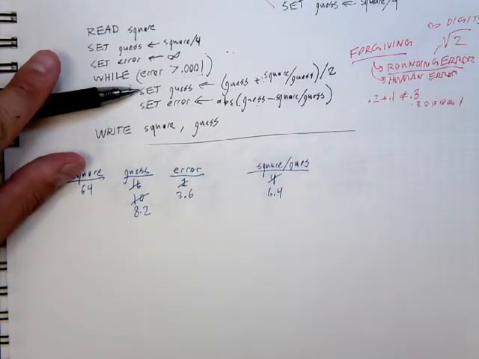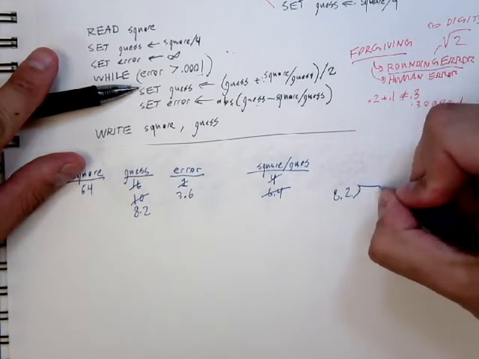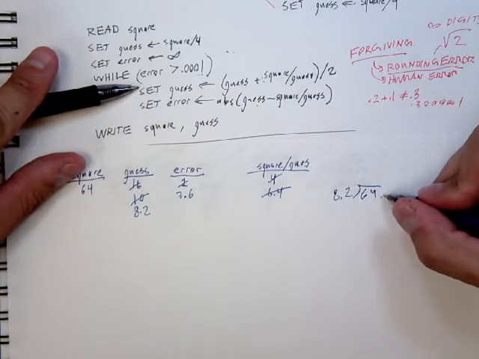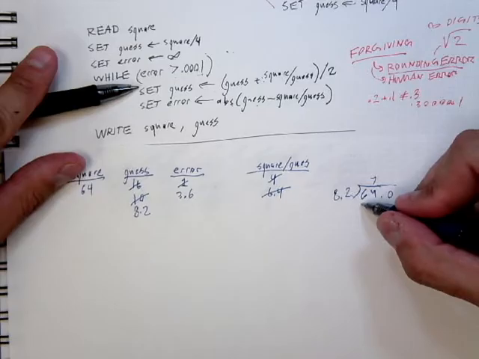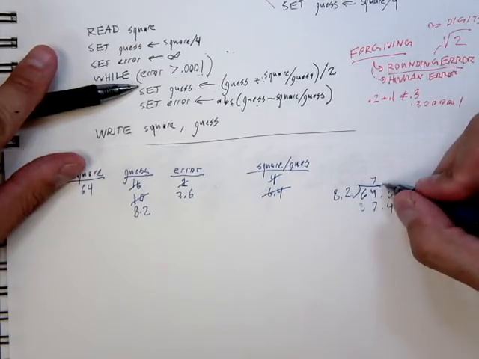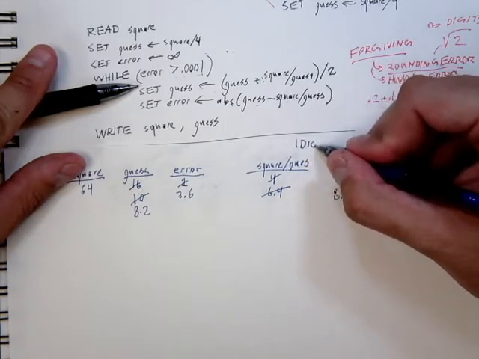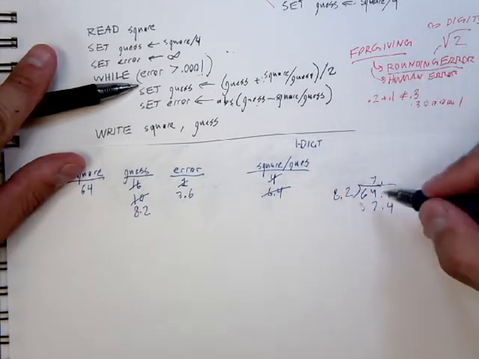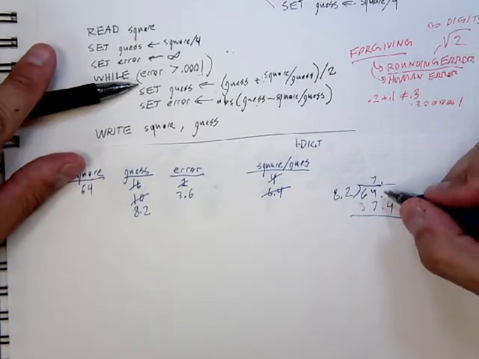Once I update guess, square over guess changes to be, so I'm only going to use one digit, because otherwise I don't know how far it'll go.